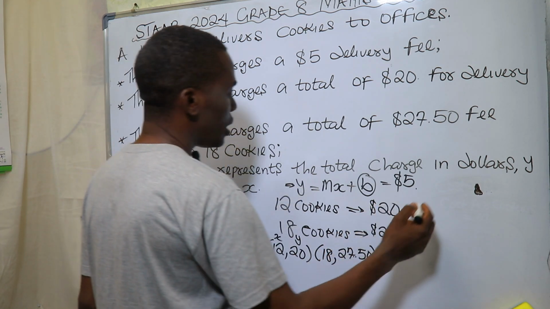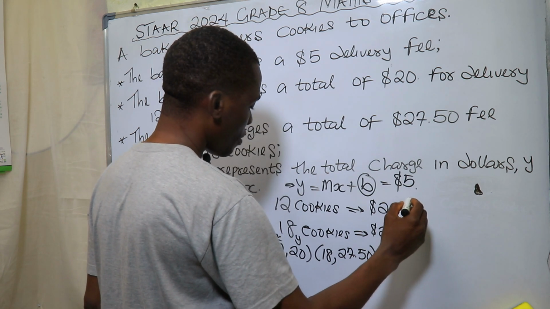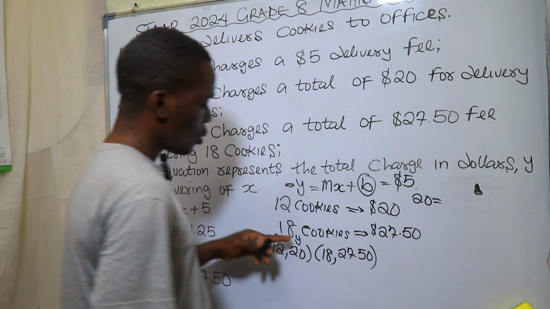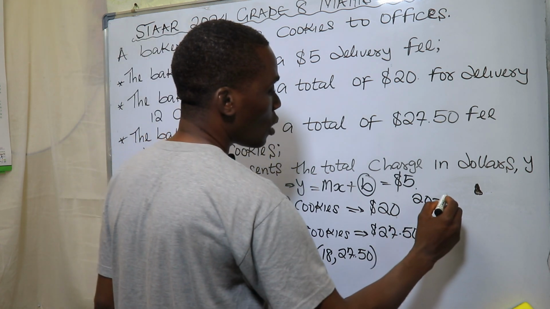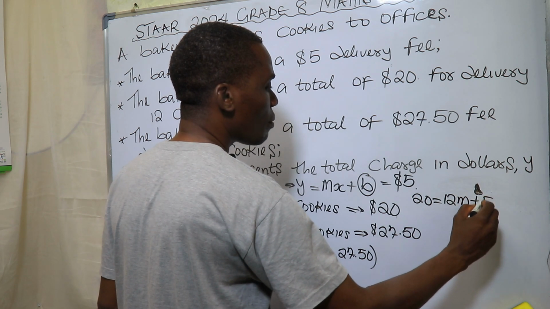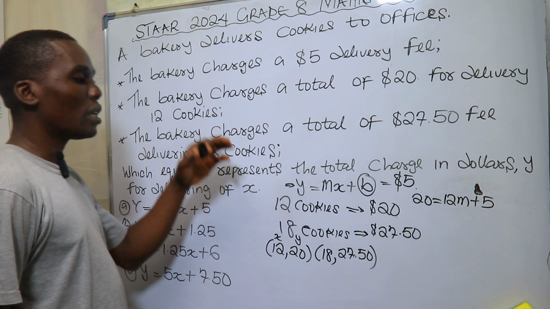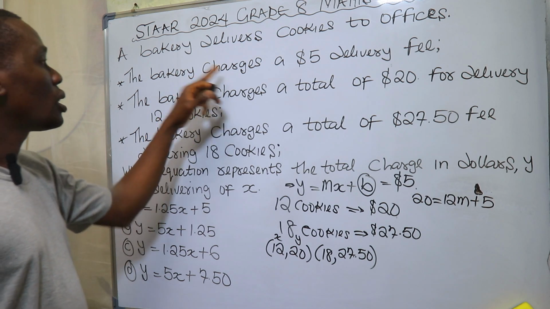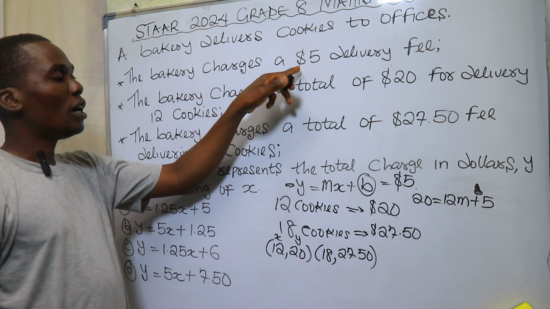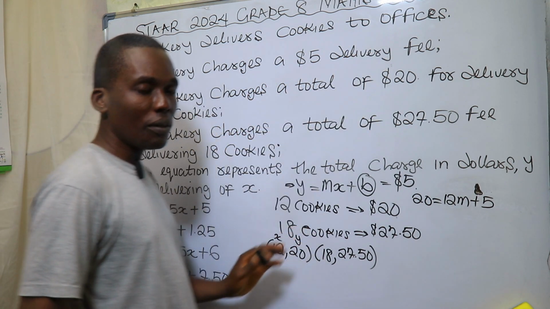If we insert that expression, we can find the value of m. So y as 20 is equal to, with x equal to 12, 12m plus, remember, 5 is what? 5 is constant, that is the bakery charge, the delivery fee.